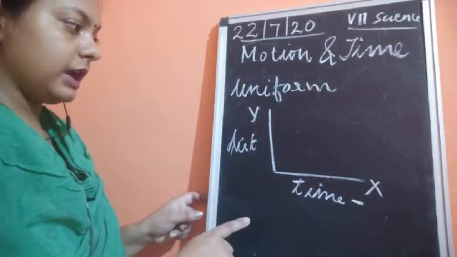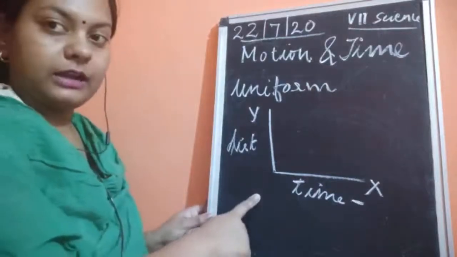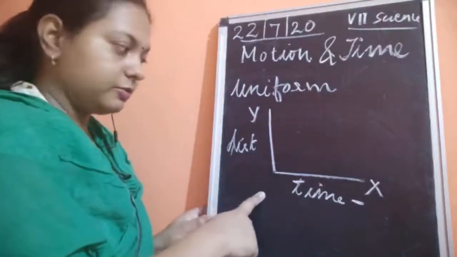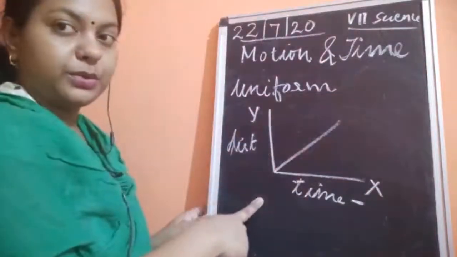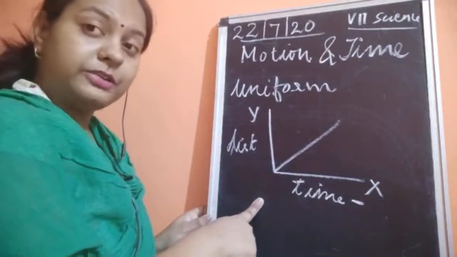This is how we are going to plot the graph when data is provided to us. And if we get a straight line, it means it is showing uniform motion.